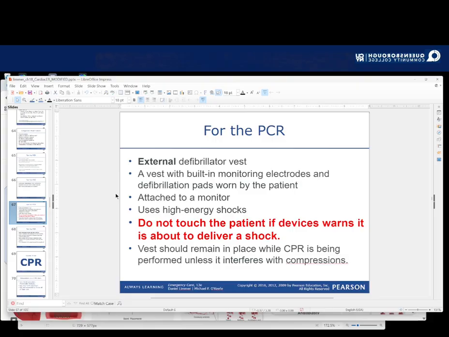And then if their heart suddenly goes into VFib or VTach, it's going to shock them. What should you do? Well, if you see somebody wearing a vest with wires coming from them to their chest, and suddenly a voice says, "Stand clear," shocking, what do you do? If I was you, I would stand clear, because this person's about to get shocked.